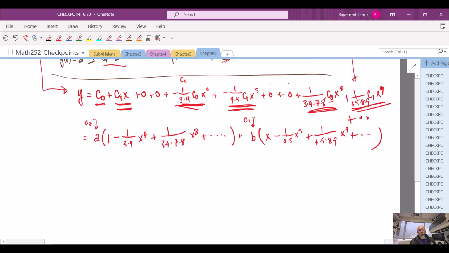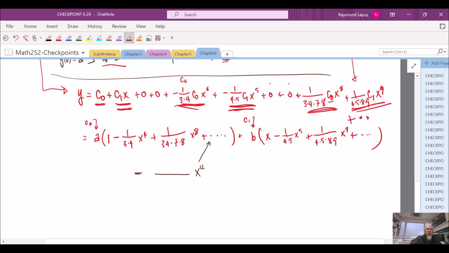Now that we have the pattern, we should be able to tell what comes up next, just as a guessing game. We have x to the 0, x to the 4th, x to the 8th, so you would guess that this term would be x to the, just add 4 to that, x to the 12th. And then this would be a negative, because this alternates from positive to negative to positive to negative.